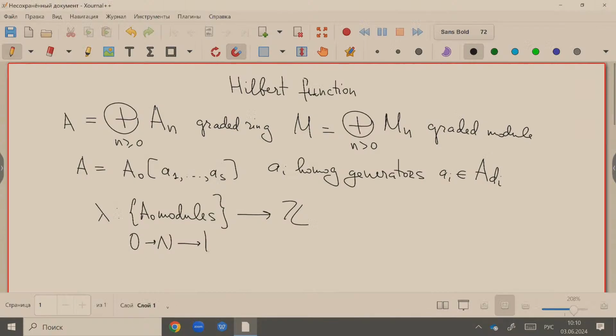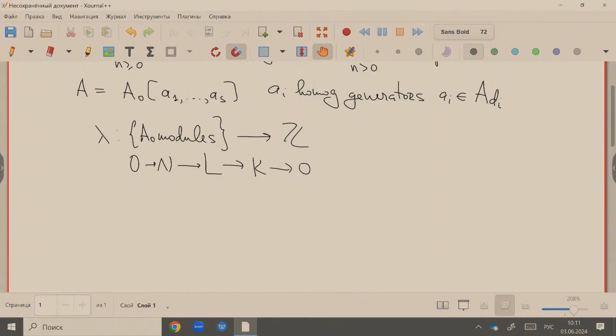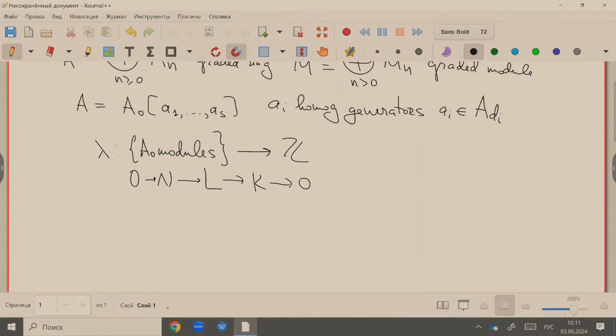If you have an exact sequence, you may formally say that generators are just A0 modules, and if you have an exact sequence, you impose the relation that L is equal to the sum of these two.